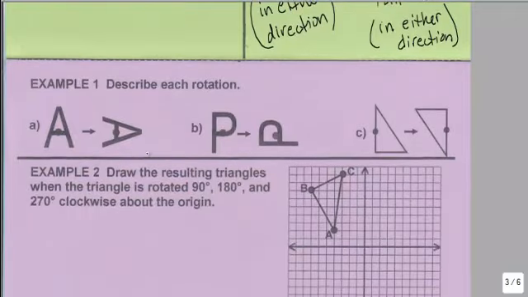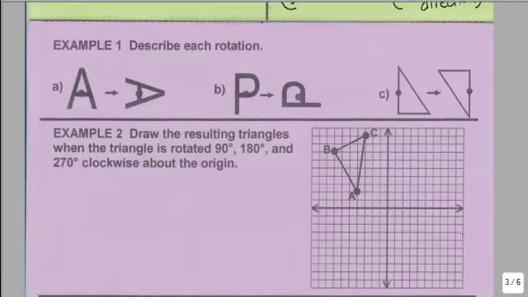So describe each rotation. I wish I could turn these pages. So what I want you to actually do is to take your foldable and turn it clockwise and counterclockwise until this A looks just like this one. So if you turn it just a quarter turn clockwise, it will look the same. So this is 90 degrees clockwise.